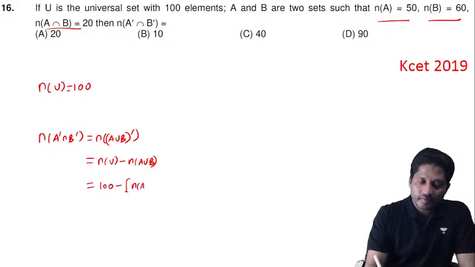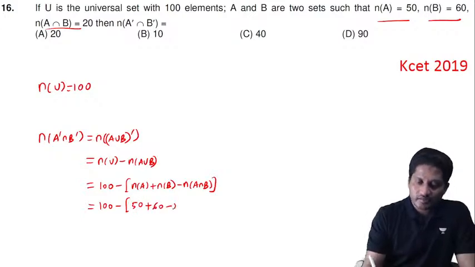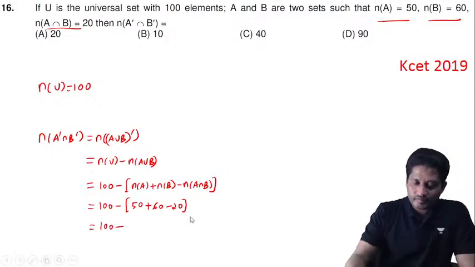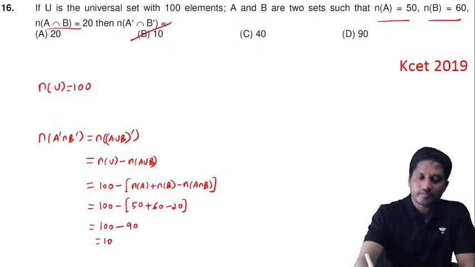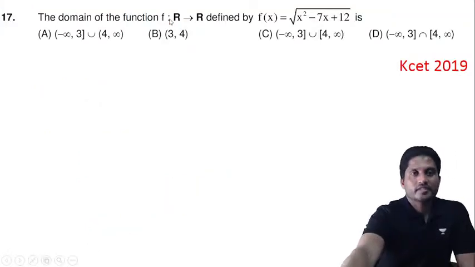N of A union B is N of A plus N of B minus N of A intersection B. Okay, so this is equal to 100 minus, N of A is 50, N of B is 60, and intersection is 20. This is equal to 100 minus 90, which is equal to 10. Answer is option B. Let's move to the next question.